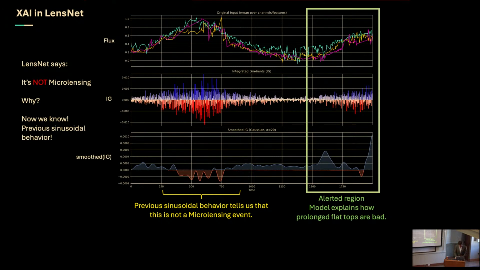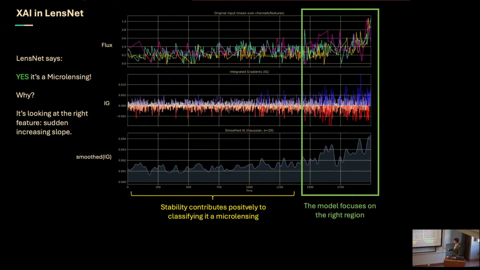Anyway, let me go to another example. This is a microlensing event, so it was classified correctly by LensNet. Again, in this case, there's no sinusoidal pattern or anything, but there is an increasing event later, and the model is actually telling us in the bottom plot that this is the area that is mostly contributing towards predicting that positive microlensing, because its contribution is higher than the average of the entire set.